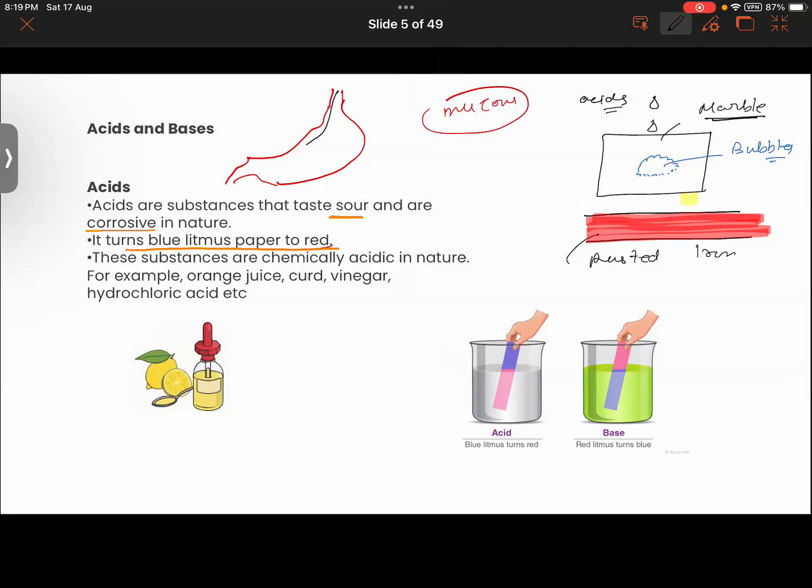The inner lining of the stomach secretes hydrochloric acid, which is a very strong acid, and it kills the harmful bacteria present in the food and makes the food acidic. So it can harm the inner lining of the stomach also, but in response to that, your stomach also secretes mucus, which is a basic substance, and it neutralizes the impact. Thereby it protects your stomach from the impact of the acid.